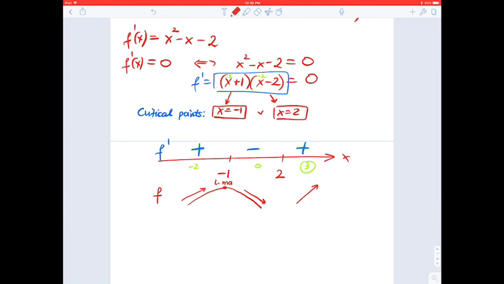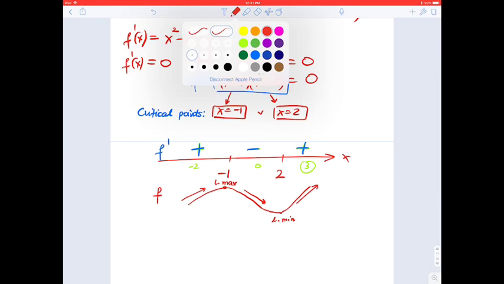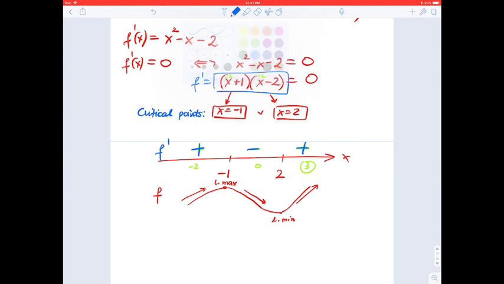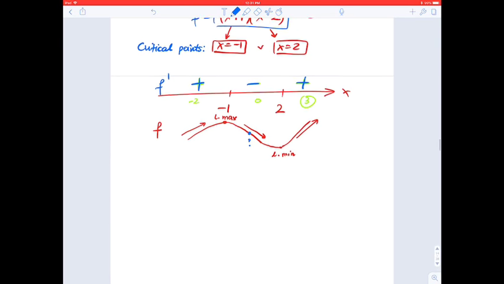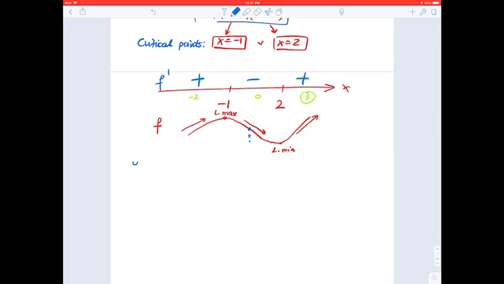And then we can see this nice behavior: increasing, resting, attaining a local maximum, and then going down. That means at negative 1, we do have a local maximum. And then again the function is decreasing, and resting, which means attaining a local minimum, the lower one, and then going up. And we almost have the shape of the function. Probably we will change concavity somewhere here, but I have to investigate.